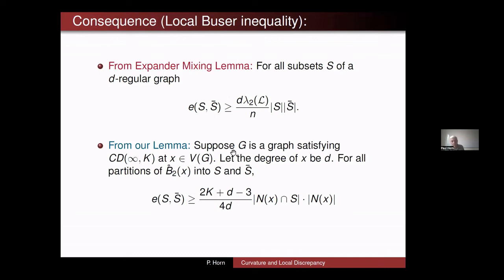And actually, you get somewhat of a similar result here, if you partition, let's see, oh, excuse me, this isn't the second neighborhood. This is the entire ball of radius 2 into two pieces. Then you get something that looks at least somewhat similar in the way that it's acting. So this could be thought of as a kind of Buser inequality. It's again a measure of local expansion.